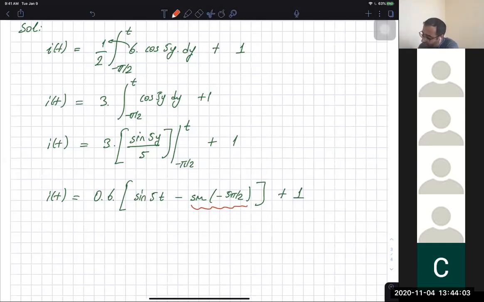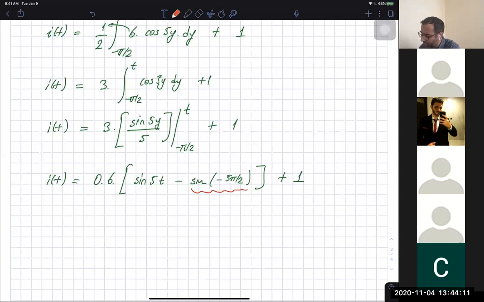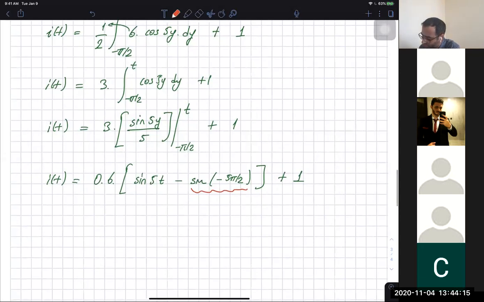What is sine minus 5 pi over 2? Minus 0.1. Minus 0.1? Are you sure? Yeah. Is that minus 0.1? Let me calculate. So this is 5 pi over 2.